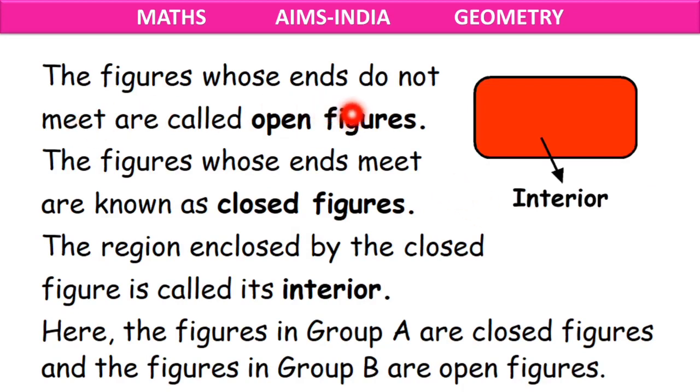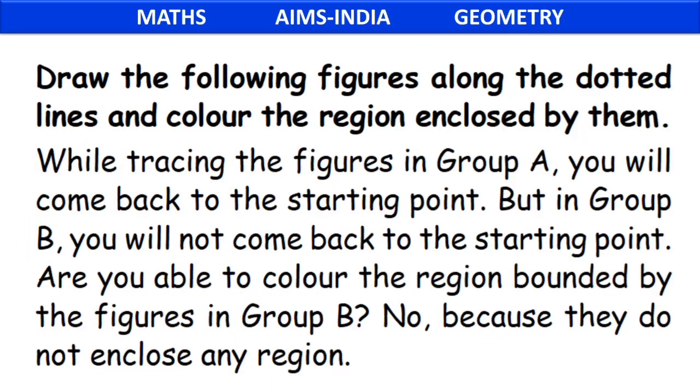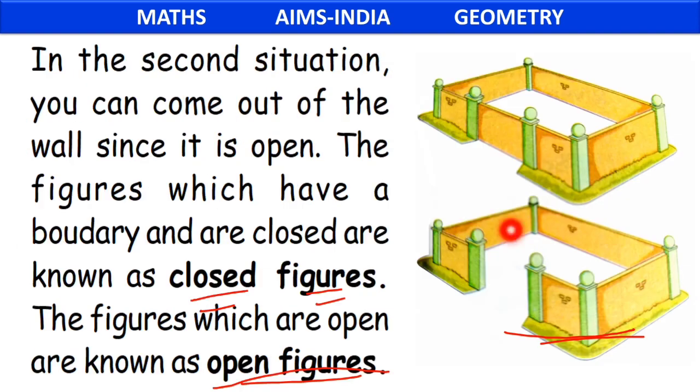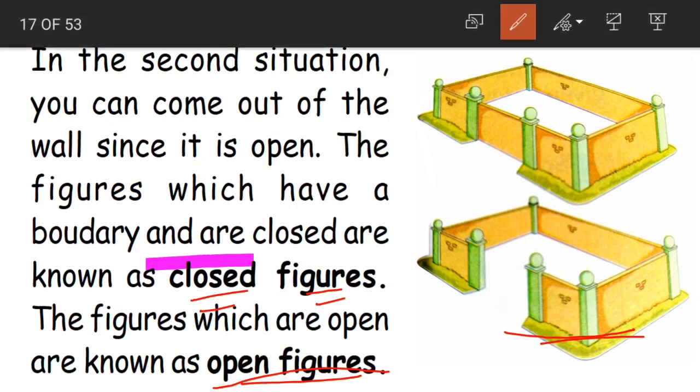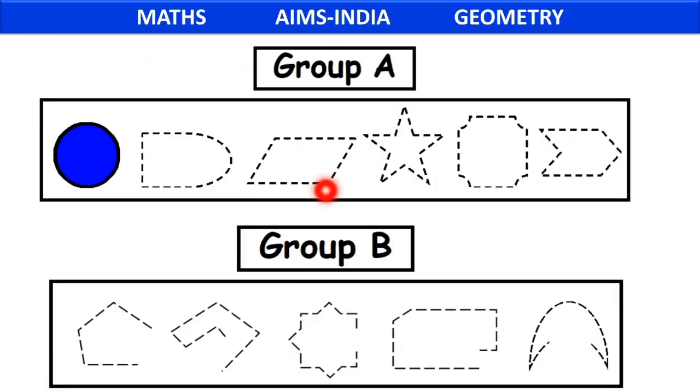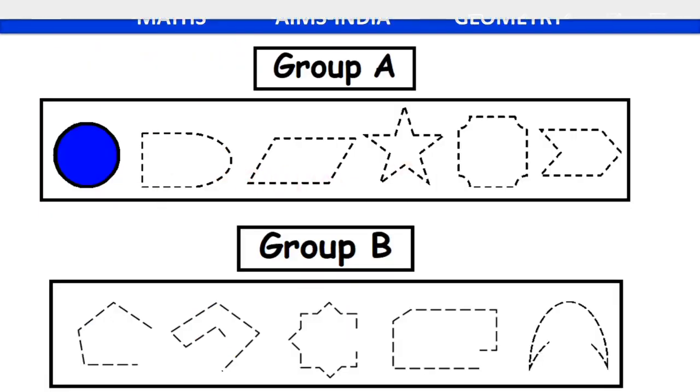The figures whose ends do not meet are called open figures. The figures whose ends meet are known as closed figures. Just now we have learnt about closed and open figures. What did we learn? The figures that have a boundary and are closed are known as closed figures. For example, these. Yes or no?